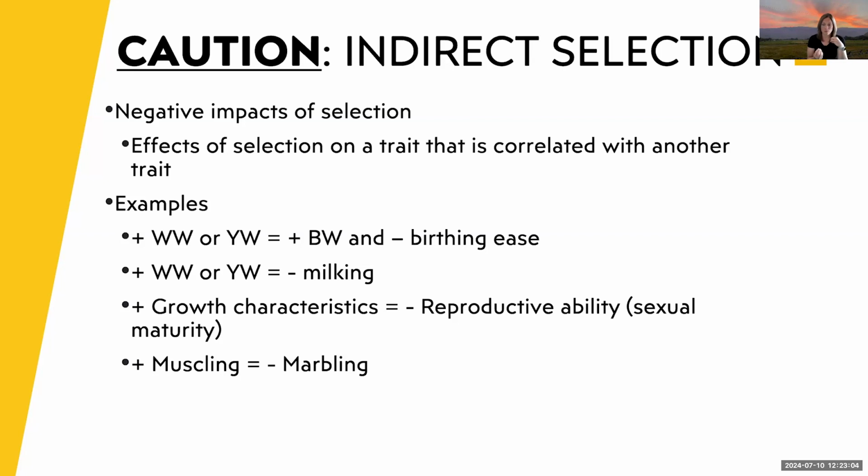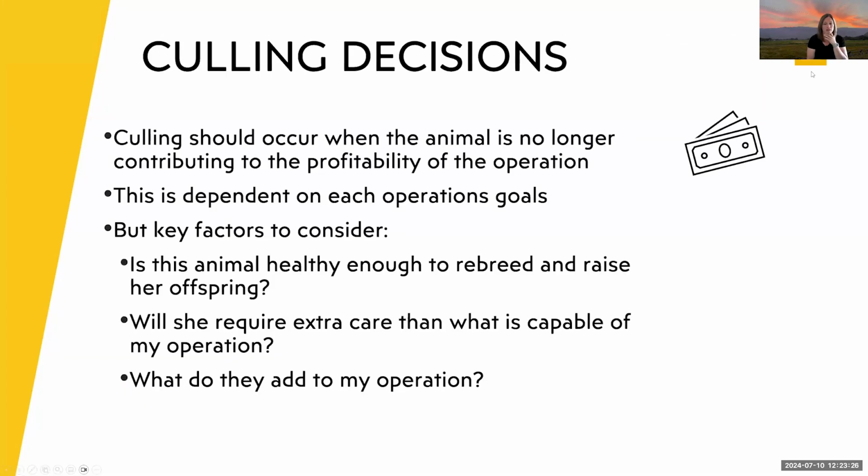It's the same way the other way around. If we're selecting for that really high growth rate and fast maturing animals, then you're going to start to see your milking ability and your reproductive ability suffer a little bit. So it's not that putting some emphasis on it is going to cause you a ton of trouble, but if you are solely selecting on specific things, you get that bad indirect feedback. So with that, I've got that all covered, and I'm going to let Carmen take over on the culling decisions.